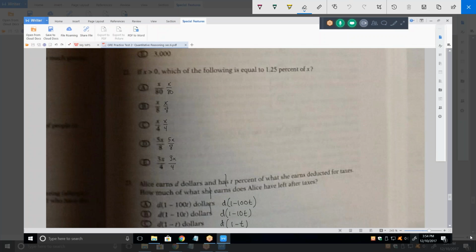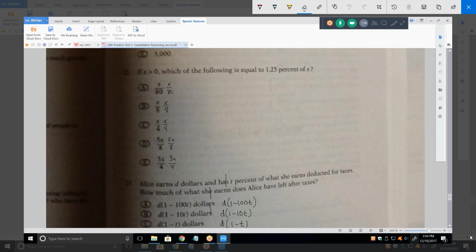Which of the following is equal to 1.25% of X? 1.25% of X. So since X is in all of the answers, we have to plug in numbers.